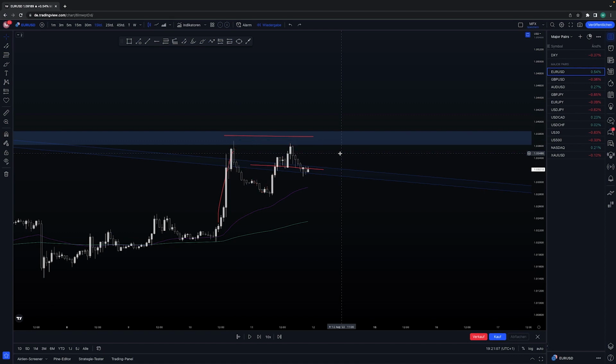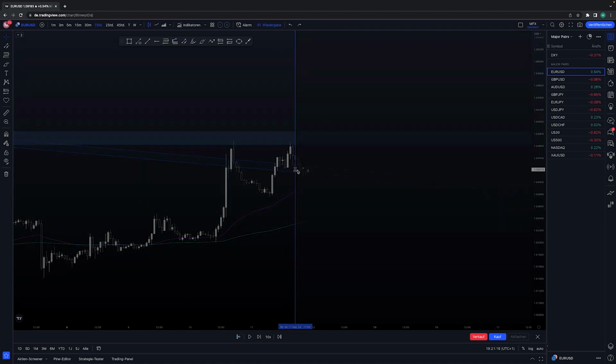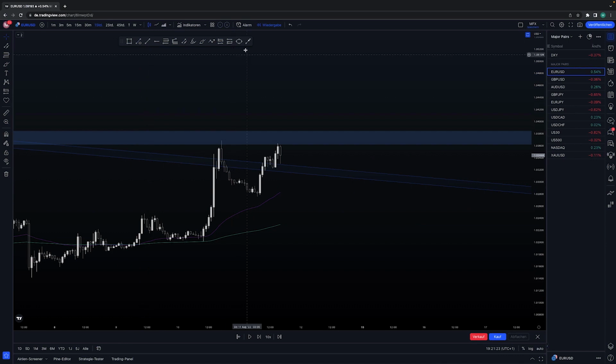So this is a no-brainer, guys, to look out for some selling opportunities. And when I go a little bit further back, this candle right here will be my confirmation to look out for sells, because the double top was confirmed right in here and you can enter right away, guys.